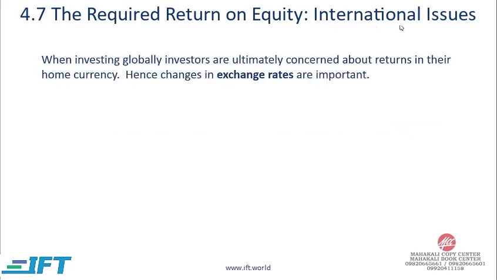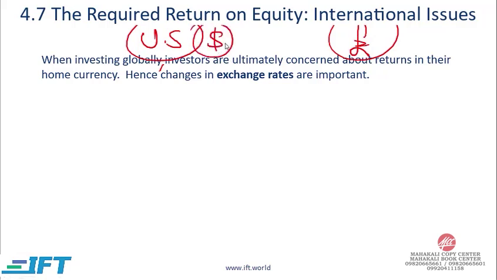Coming now to some international issues. When investing globally, investors are ultimately concerned about returns in their home currency. So if we have a United States-based investor investing in the UK, so the investment is denominated in pounds, ultimately the investor is concerned about returns in dollars.